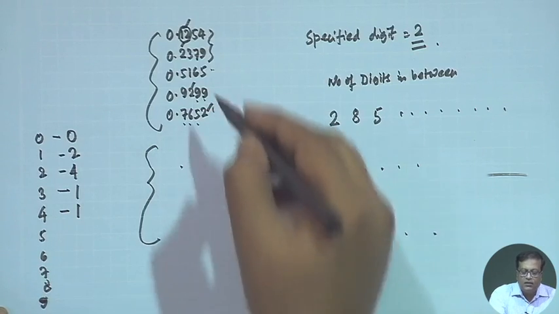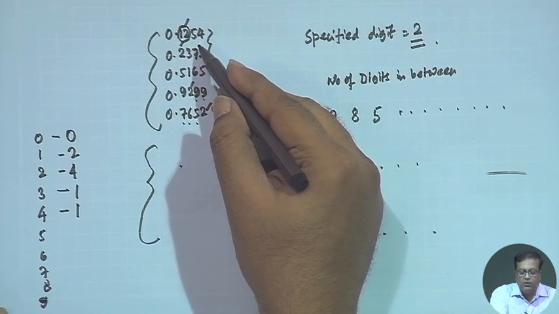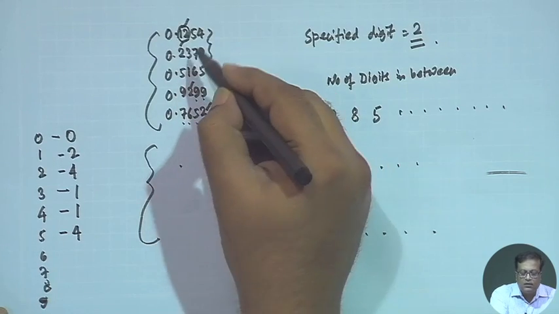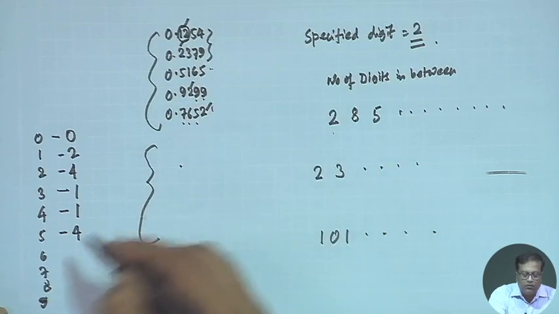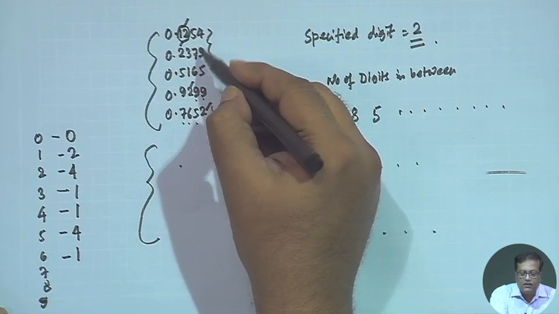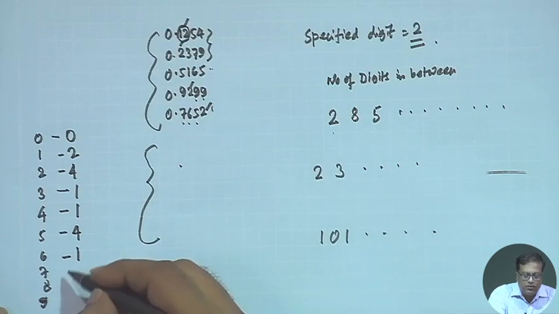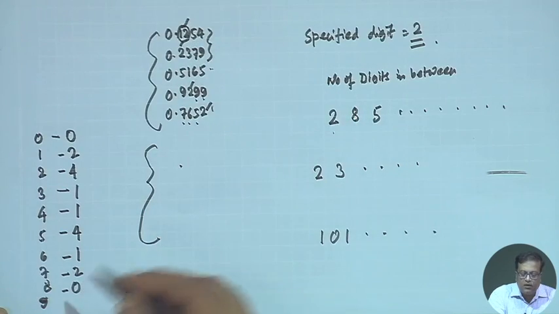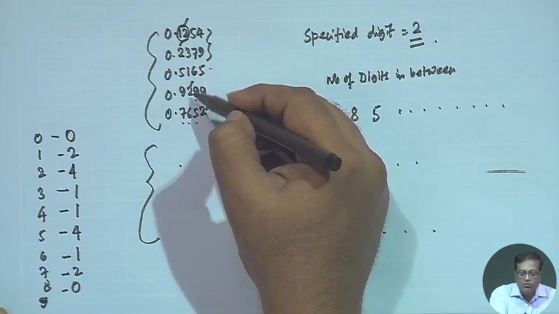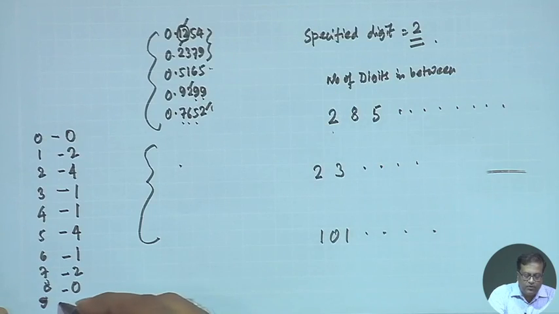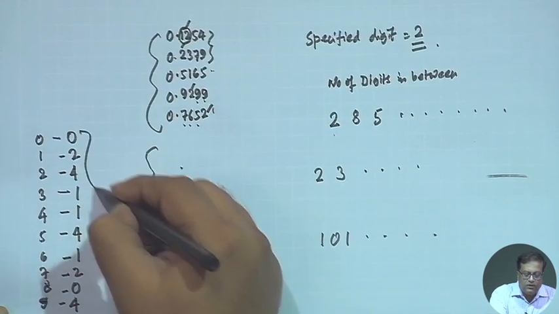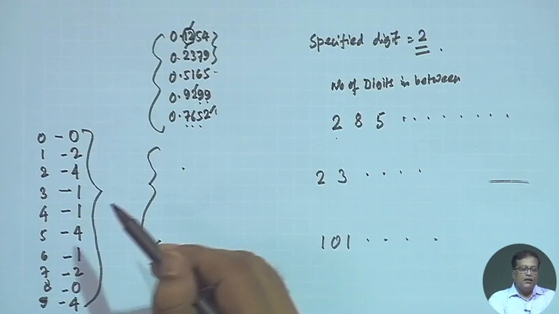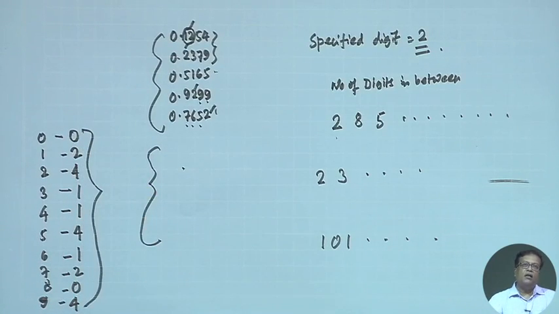Like this we have to make a note: 5 has come 4 times, 6 has come only 1 time, 7 has come 2 times, 8 is not there at all, and 9 is 4 times. So, these are the numbers, that many times these numbers are generated, and we have to see whether these numbers are random or not.